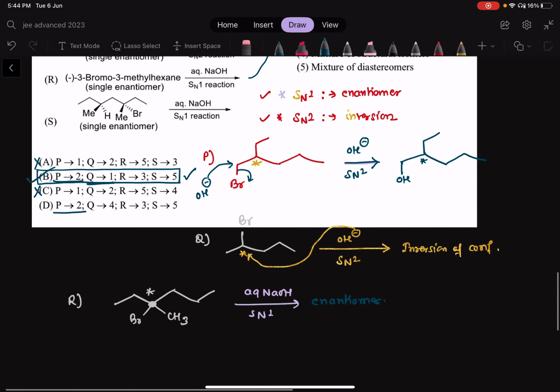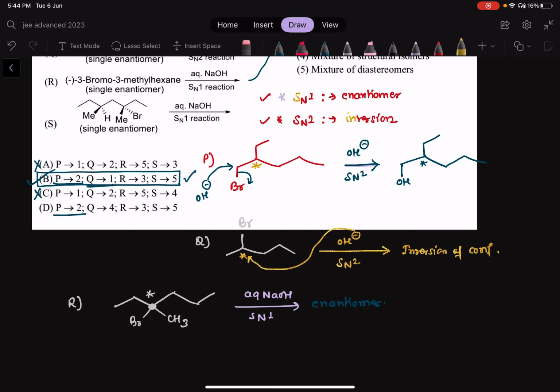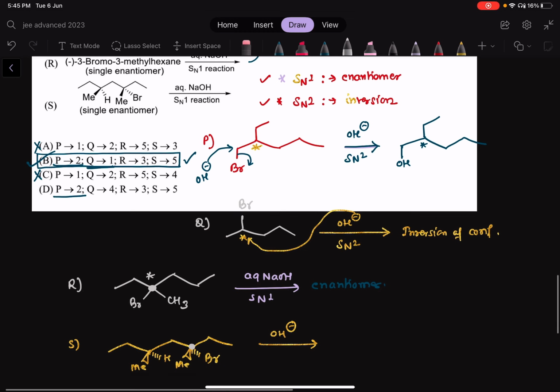And as far as the last question is concerned, the S part, this is the question. And it is reacting with OH minus ion. It will react at this chiral center. Okay, and since it is reacting in the SN1 mode, we will have both retention and inversion of configuration at that particular center.